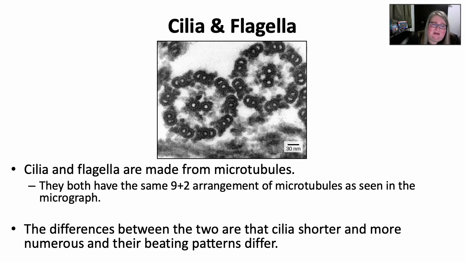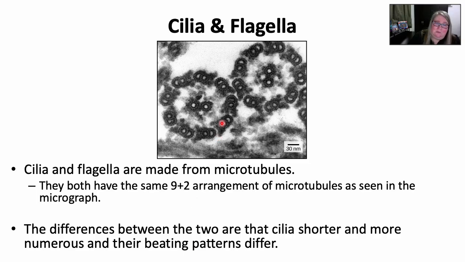Now, cilia is going to be a lot like the pili in prokaryotic cells, and it's going to help with both movement and attachment. Now, the difference between cilia and flagella is their size. Flagella are longer, cilia is shorter. But they are both made from microtubules, and these microtubules are arranged in the same pattern.